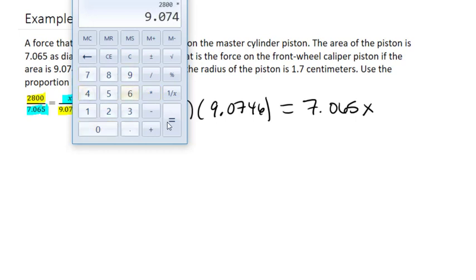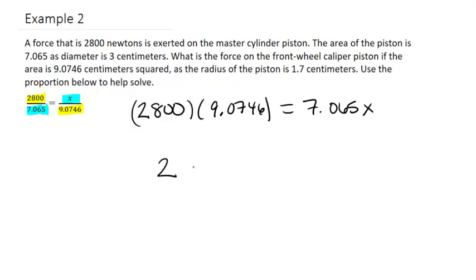So we are left with 25,408.88, which is going to be equal to 7.065x.